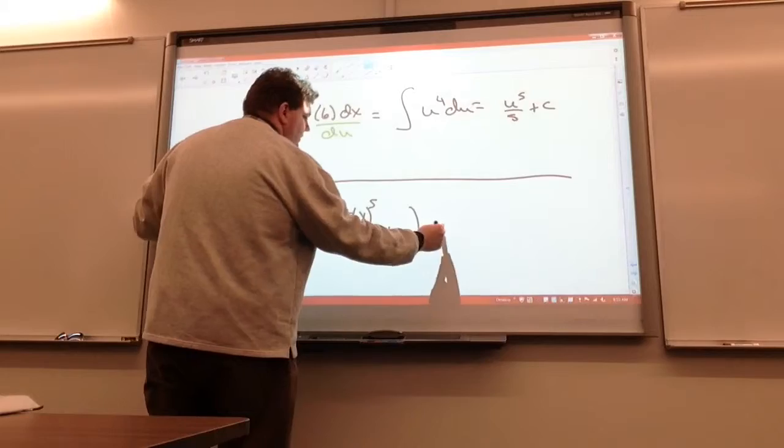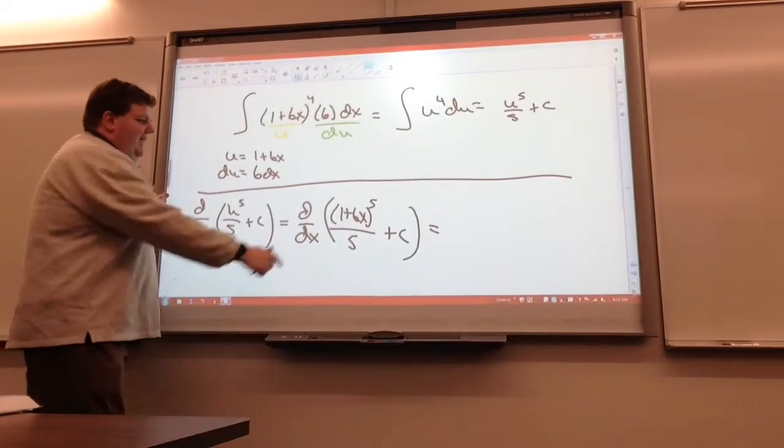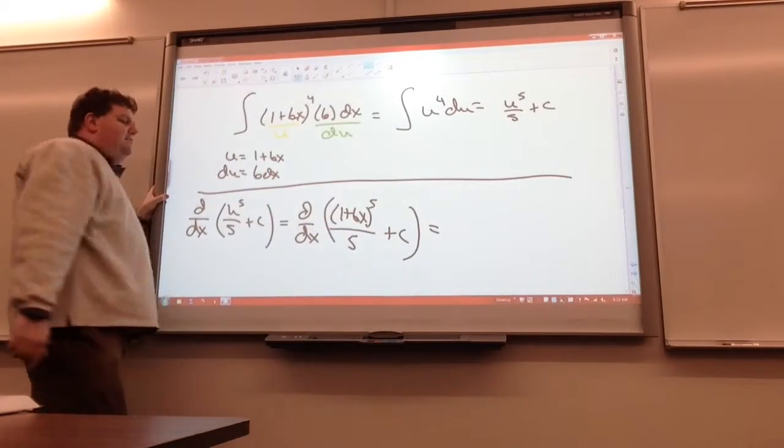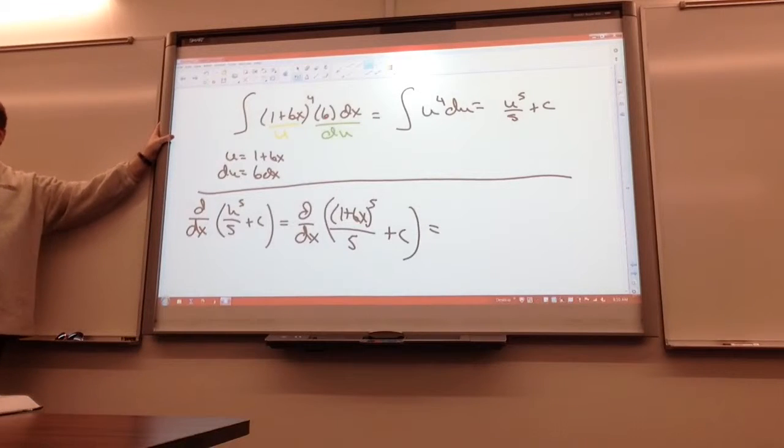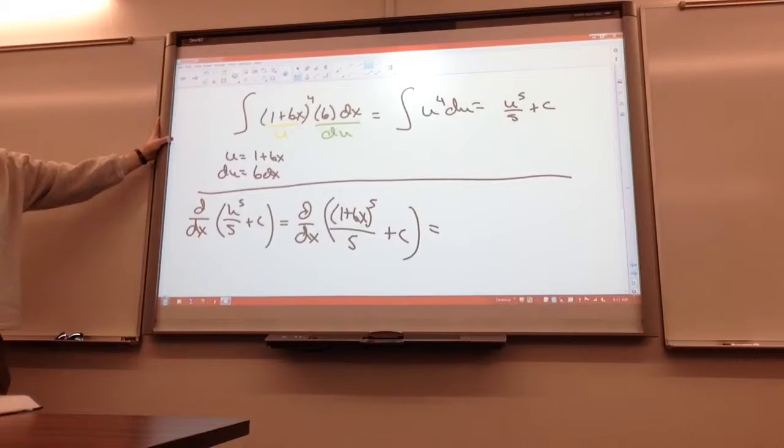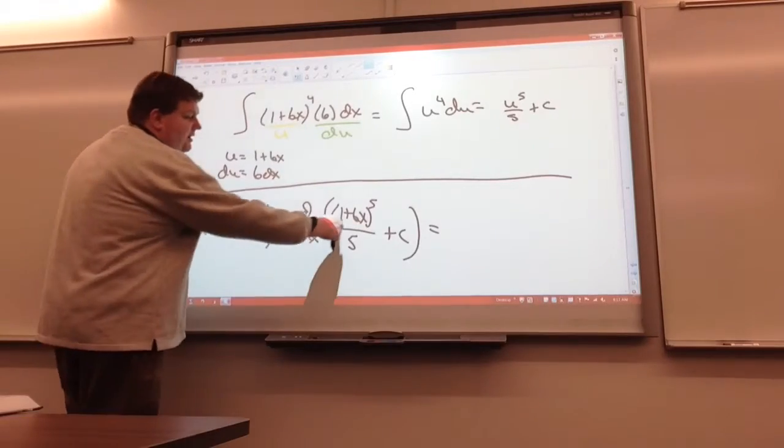Now, the derivative of this guy here, how would I approach that? I would use the chain rule, right? That 5 at the bottom is a constant, so we don't really want to use the quotient rule here. I can rewrite that as 1/5 times all this, if I really wanted to. But this top part here, I'd have to use the chain rule.